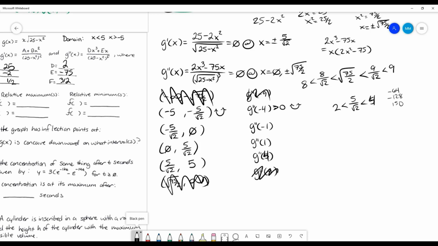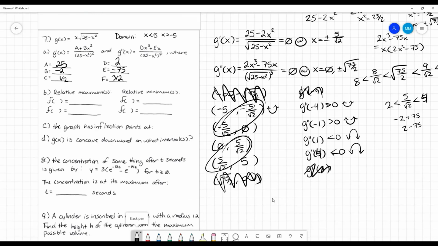Plug in a -1, and I've got a -2 plus 75 greater than 0. Shows me I've got a minimum here. Plug in a 1, I've got a 2 minus 75. That's less than 0. Plug in a 4. It's going to be all the exact opposite, right? So it's going to be less than 0. Which means I've got a maximum there.